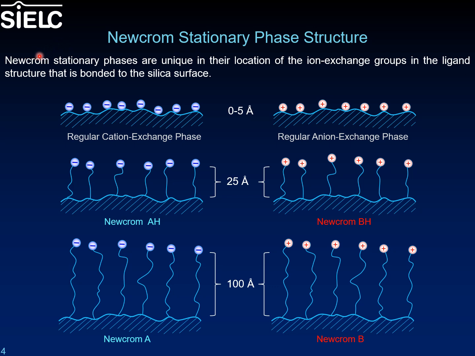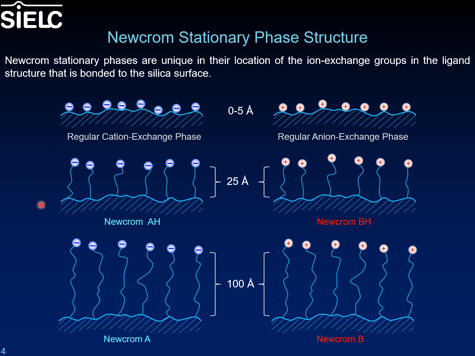The Newcrom stationary phases are unique in the location of their ion exchange group in the ligand of the stationary phase. A standard cation or anion exchange column has the different ion groups being located directly on the column surface.